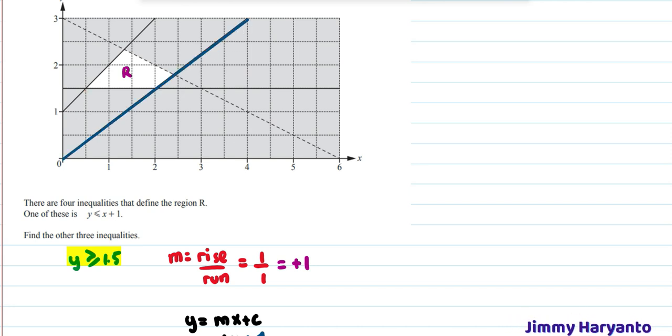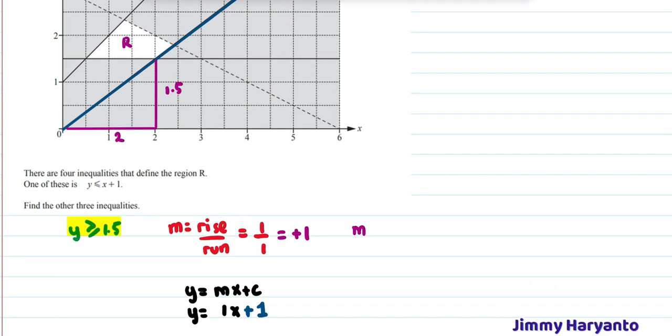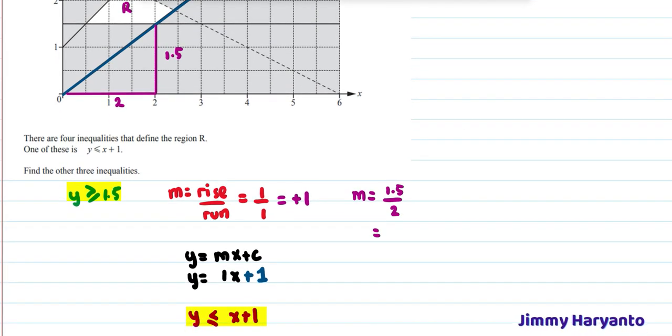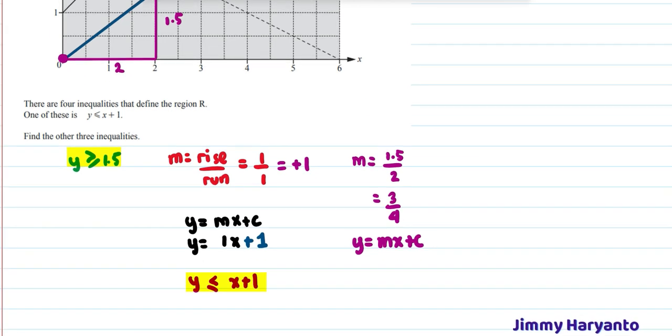Okay, for this one, I want to use the same method as before. I will create the triangle like this. So the rise will be 1.5, the run will be 2. So the gradient of this line will be rise over run, and when you calculate it, you will have 3 over 4 as the result. And then I want to use y equals mx plus c also, because we already have the y-intercept, which is 0.